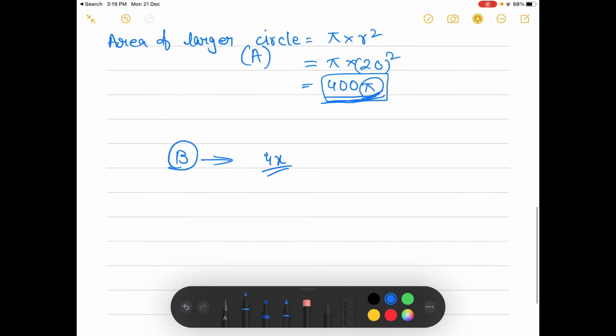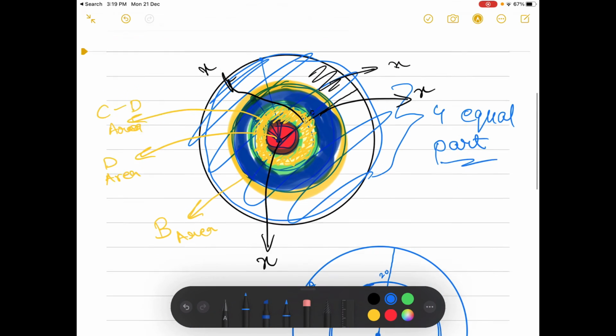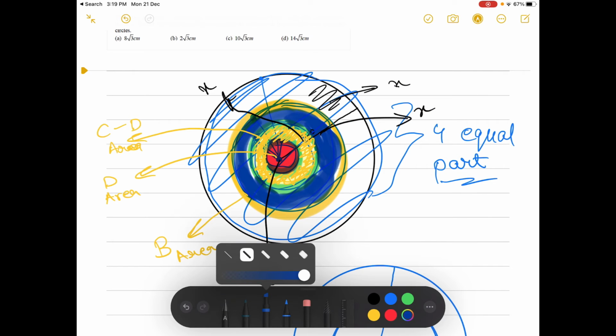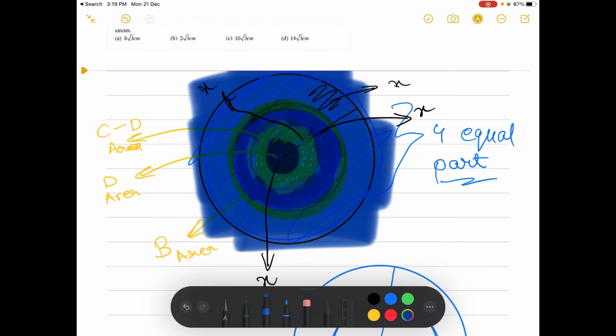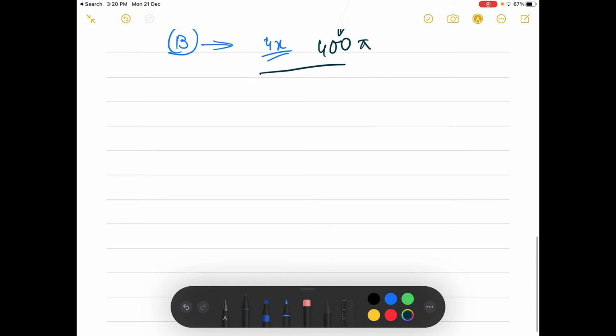And we have already calculated that the area of the larger circle, which is the complete area, this complete circle's area, is 400 pi. So we can equate it and find that 4X is equal to 400 pi.